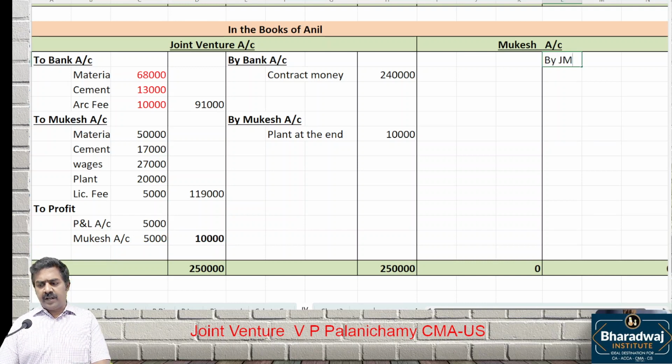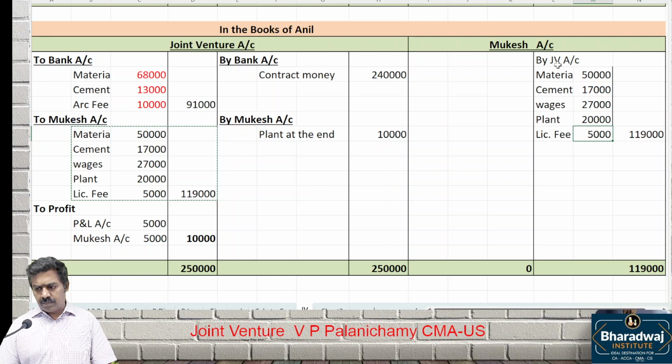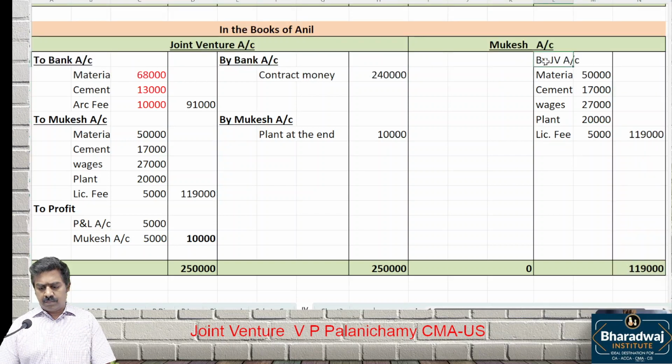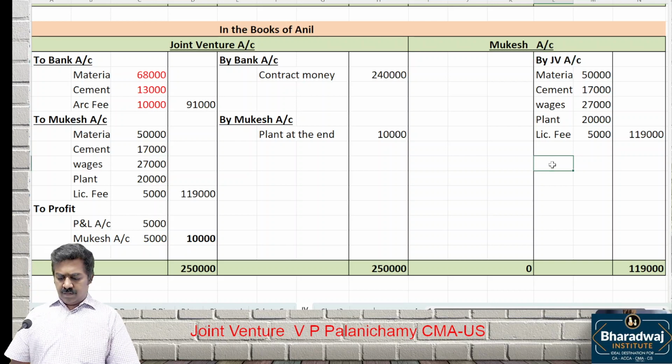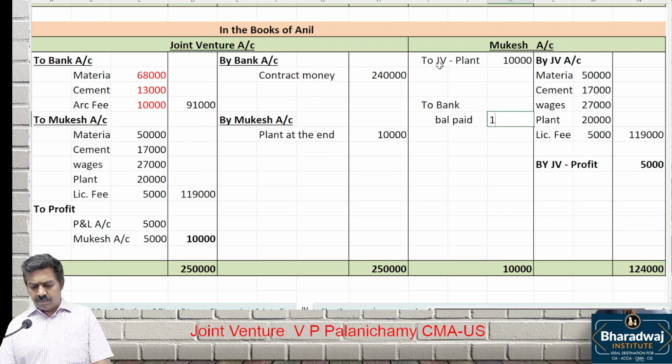If you prepare Mukesh account, by joint venture account. What is the profit? 5,000. $40,000.